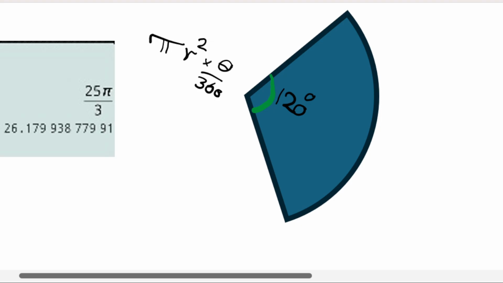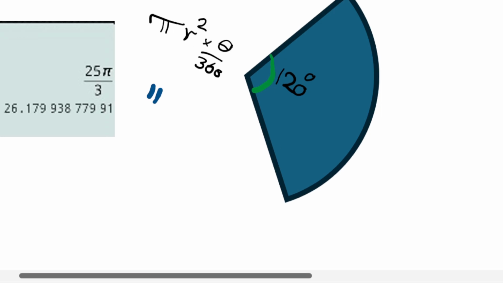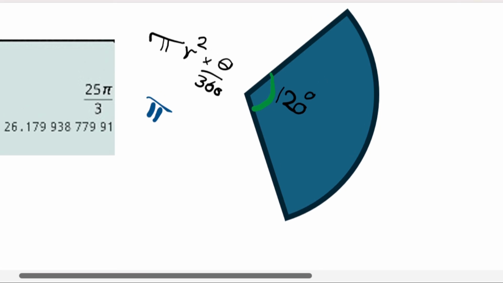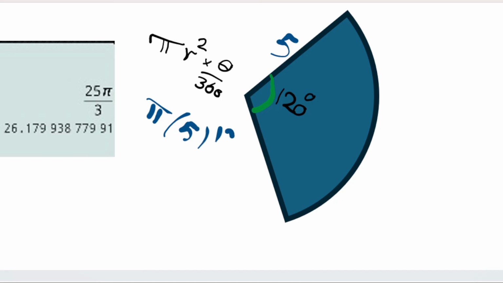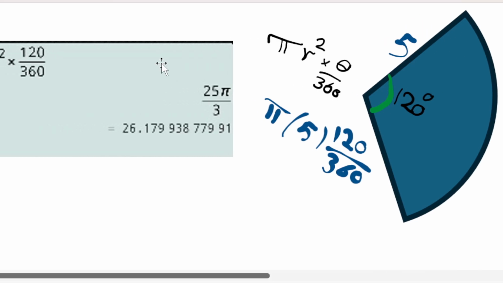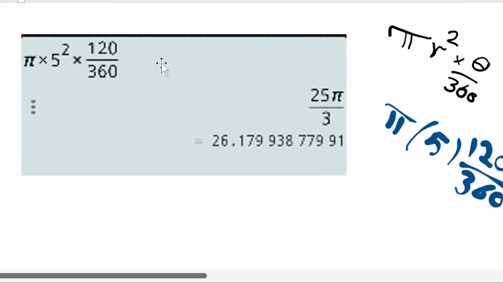So for this specific question, if the radius is 5, for example, it's going to be pi times 5 squared times 120 divided by 360. Just plug that in your calculator and you get the answer. This is how you write it: pi times 5 squared times 120 divided by 360.